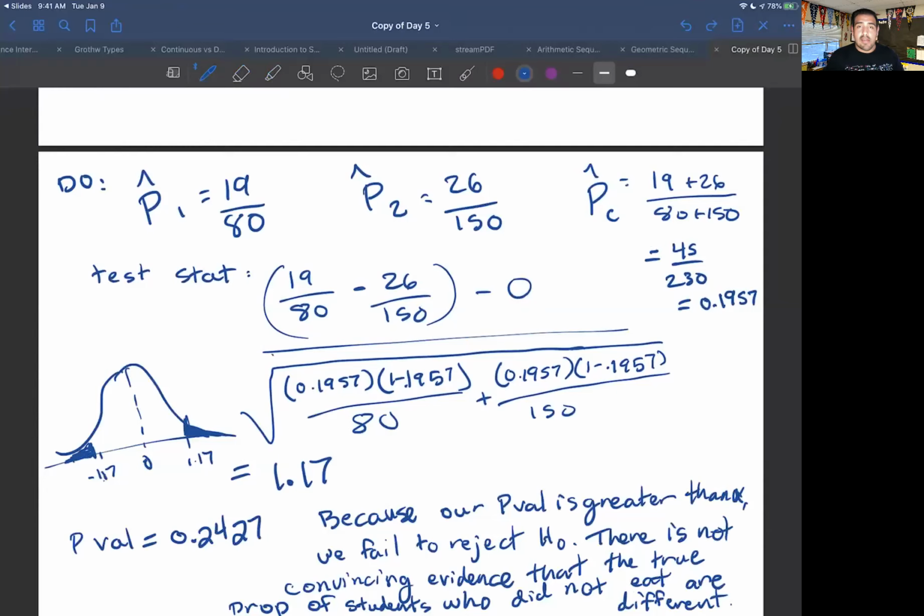And there you go. With that, you know how to perform a significance test and construct a confidence interval for two proportions.